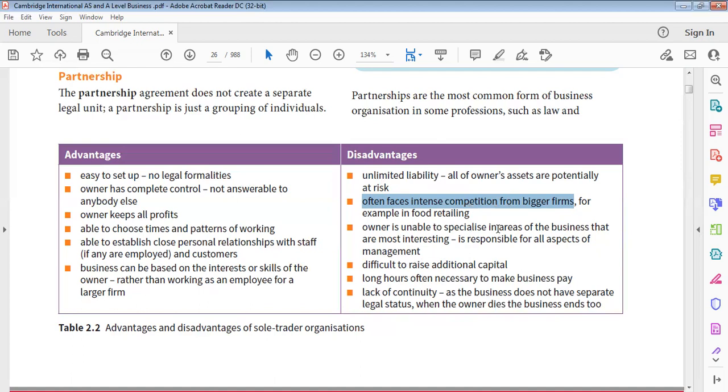So a common problem they face is competition from bigger firms, because bigger firms can sell goods at a cheaper price, and maybe bigger firms are more popular. So people will go to them and not to the small partnership business or small sole trader. In that case, they will face difficulties.